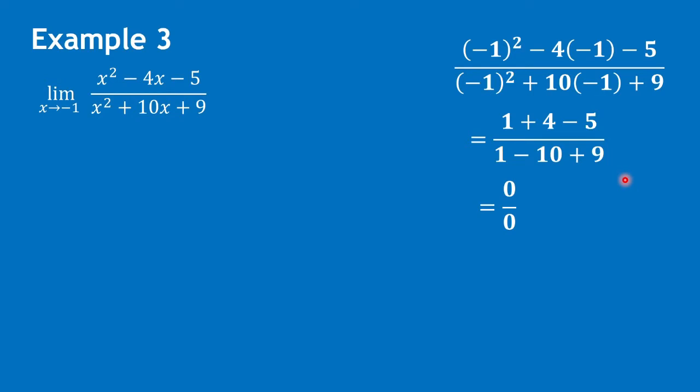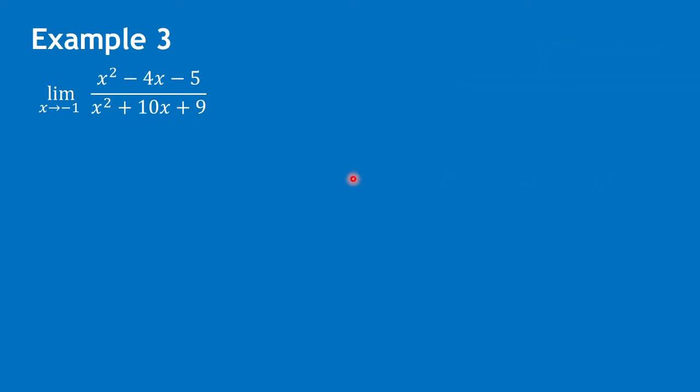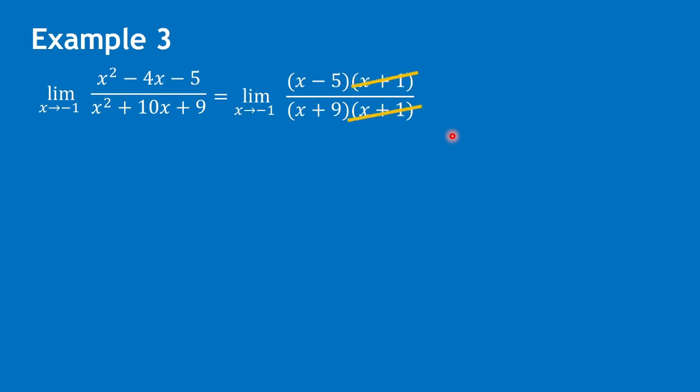So we have 0 over 0. Let us now do factoring for the given function. To factor the numerator, we have x minus 5 times x plus 1. And for the denominator, we have x plus 9 times x plus 1. We can now cancel x plus 1, giving us the limit of x minus 5 over x plus 9 as x approaches -1.